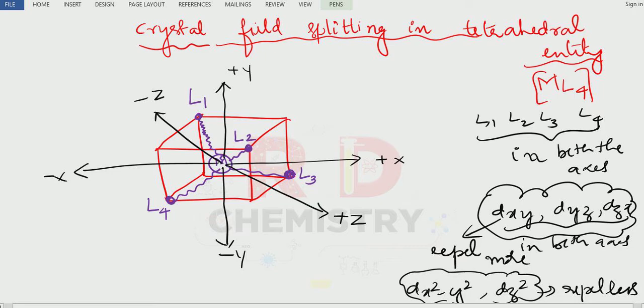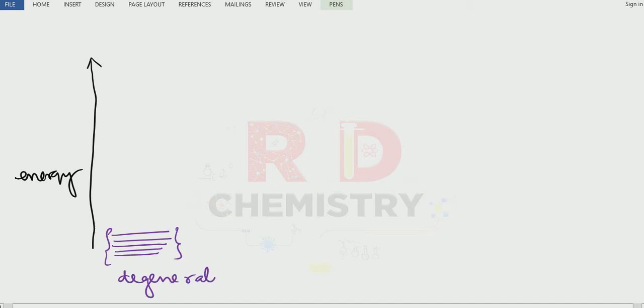Right. Now here the d orbitals which are in between the axis are toward the ligand approach, so they will increase energy, and the remaining two will decrease energy. So let me draw the sketch for this. To begin with, without the ligand, all the 5 types of d orbitals have the same energy. Therefore, they are called degenerate d orbitals.